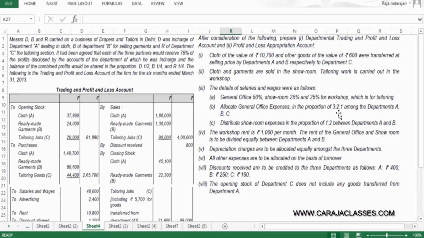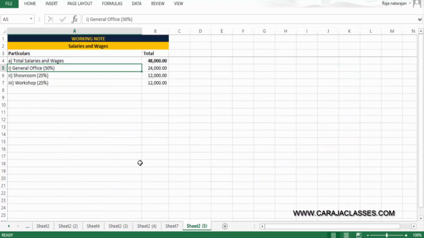So whatever salary was allocated for general office should be distributed amongst all three departments. Whereas the showroom expenses should be distributed in the ratio of 1:2 between department A and B only. We understand this workshop is basically for tailoring work, so the workshop expenses would go specifically to tailoring department. That's where we need a calculation.